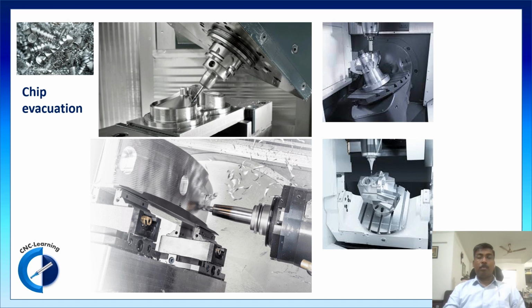Now another point which is coming into the picture is chip evacuation. Using gravitational force, a machine with a horizontal spindle can have the maximum advantage. You can see in this picture itself, the chips are flying away from the part. Even if you are doing deep hole drilling, the gravitational force itself will evacuate the chip.